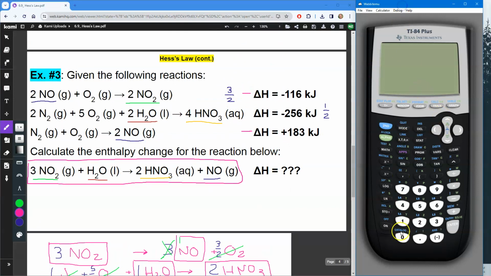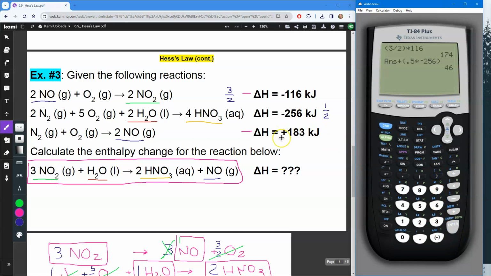So let's do that on our calculator. So we want to do 3/2 times, let's flip the sign, so this will be positive 1/16. Okay, so we've got that. We want to multiply the second one by 1/2, so 0.5 times, we want to keep the sign intact, so this will be negative 256.